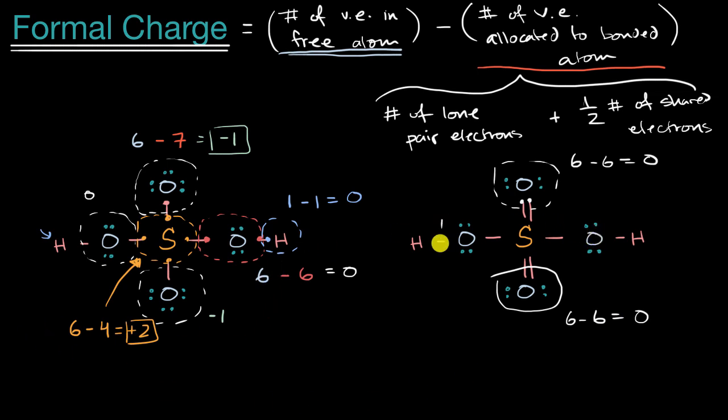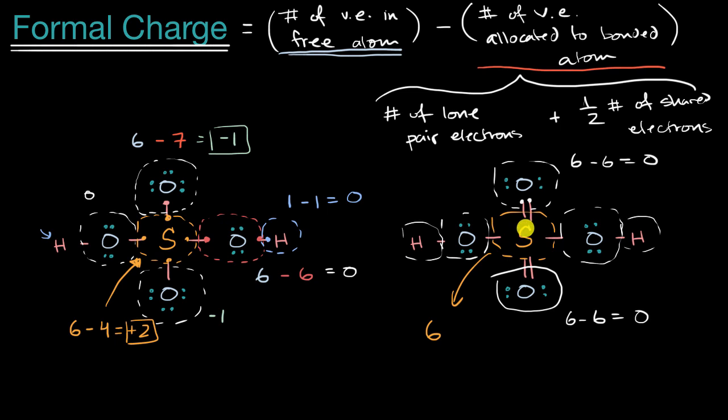These oxygens here have the exact same configuration as these oxygens on the left. So they are also going to have a formal charge of 0. The hydrogens are in the exact same configuration as well, so they also have a formal charge of 0. And then what about our central sulfur right over here? A neutral free sulfur atom is going to have 6 valence electrons.